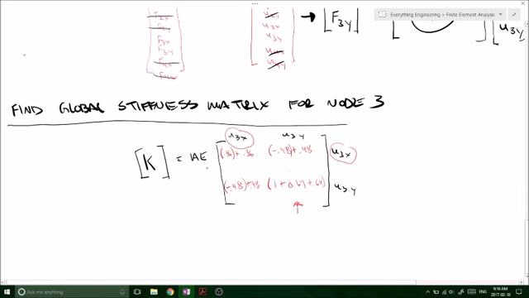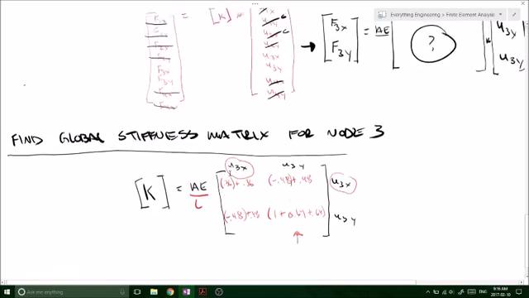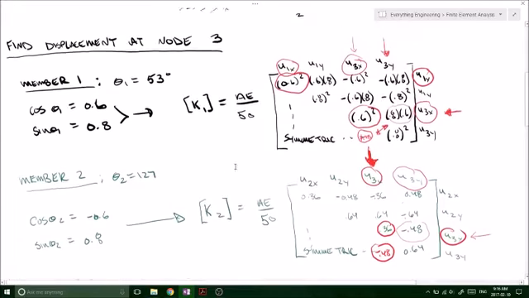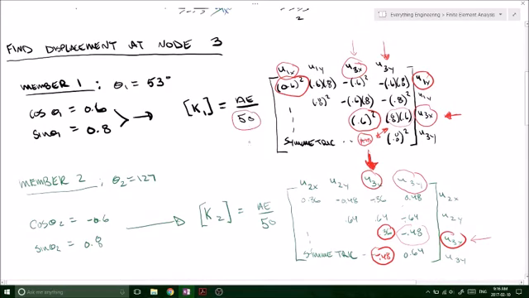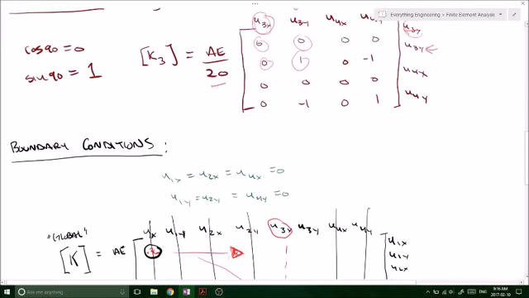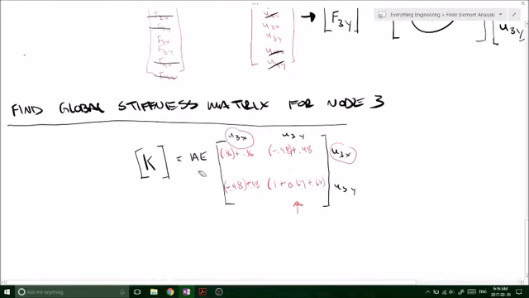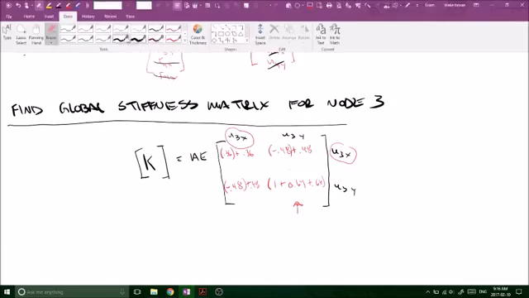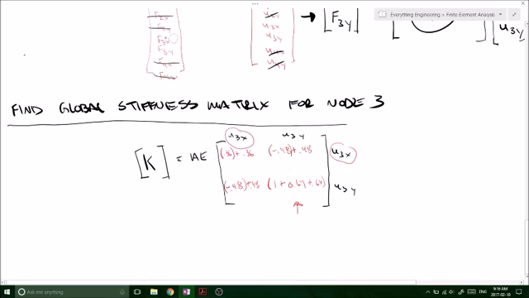Now we had an L. Remember, on local stiffness matrices 1, 2, and 3, we had a different L. It was 50, 50, and then 20. So we can't forget that L. It's going to be different for each stiffness matrix. Every time we had a component taken from stiffness matrix number 3, we had to divide it by 20.